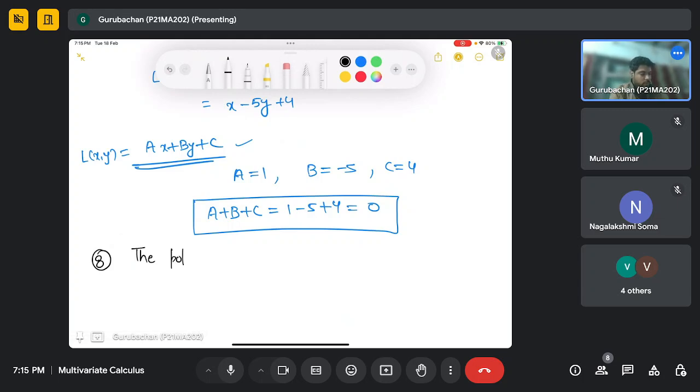The polar equation r cos square theta equal to 4 sin theta represents which standard curve?